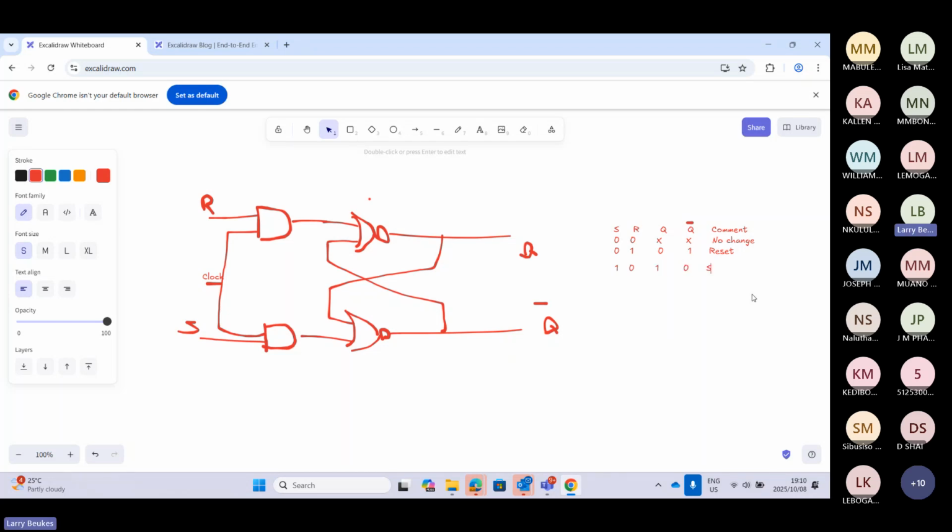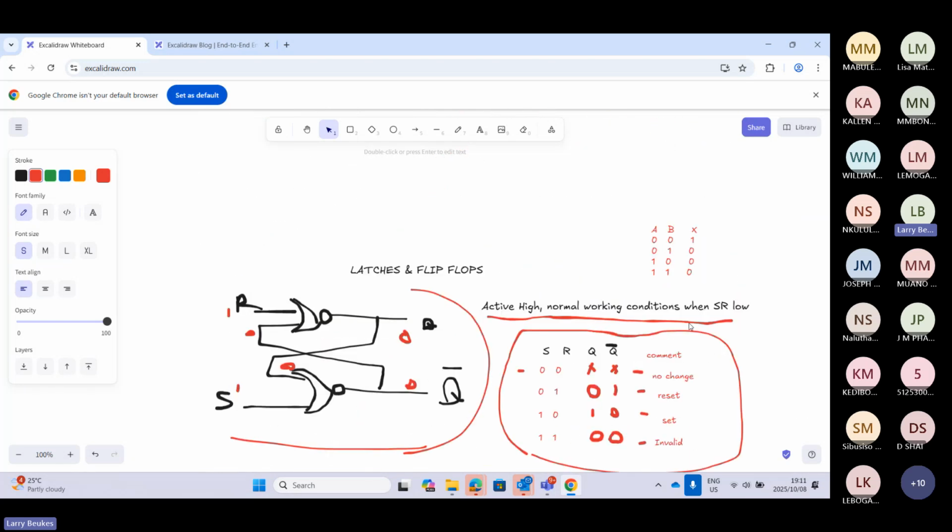This we call the set state. Set because Q is high, right? Then with the 1 and a 1, it's going to give us both highs. So this is invalid.